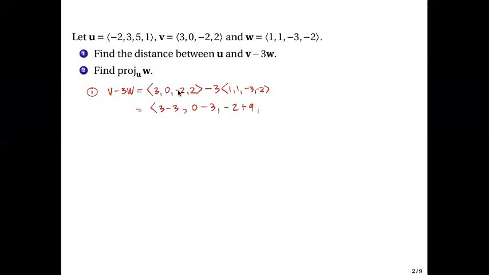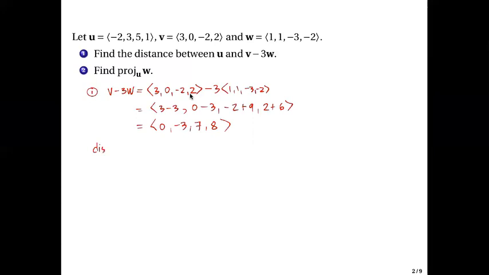And then lastly, you have 2 minus 3 times -2, so this becomes 2 plus 6. Okay? And then we just simplify. We will get 0, -3, 7, and then 8. So this is v minus 3w.